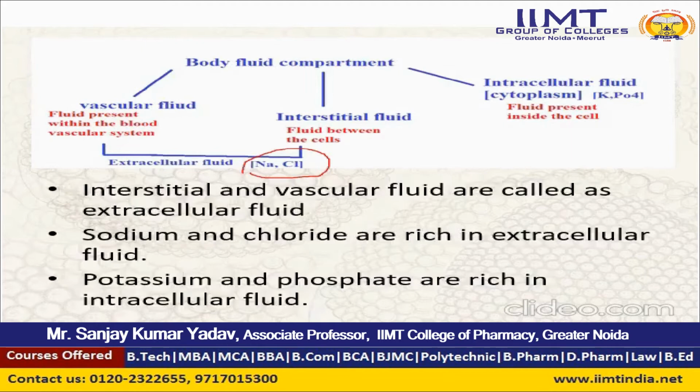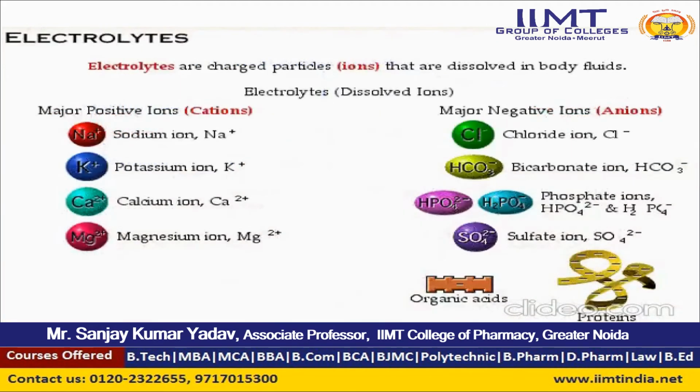Likewise, with this simple example, the major positive ions are sodium ions, potassium ions, and calcium ions. They have different charges. The major negative ions are chloride ions, bicarbonate ions, phosphate ions, and likewise sulfate ions.